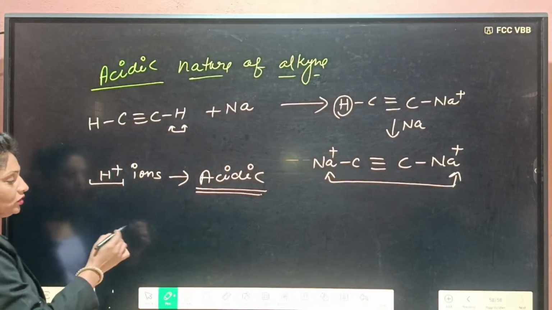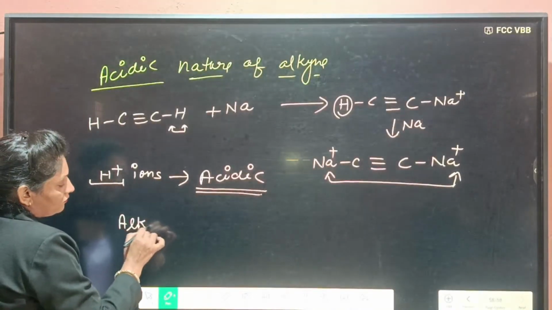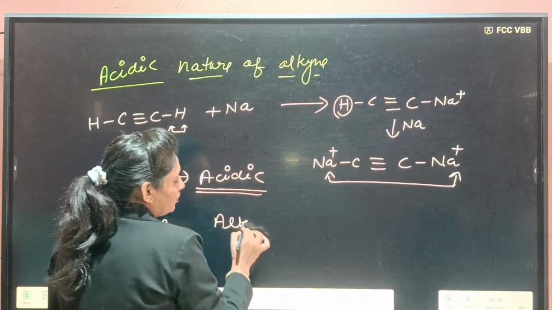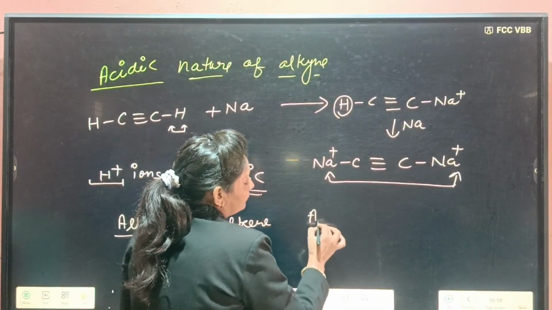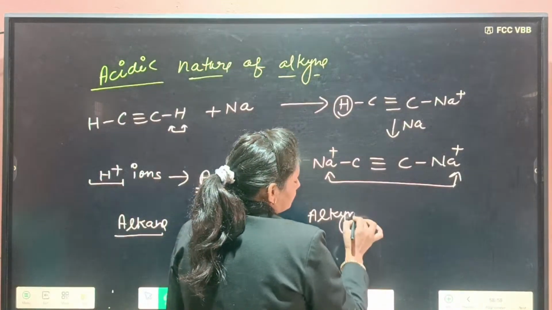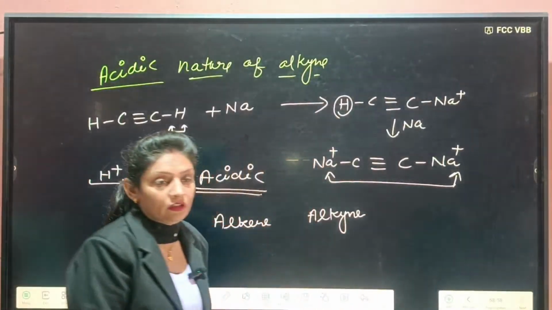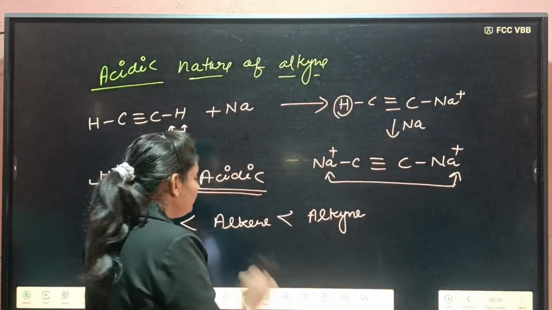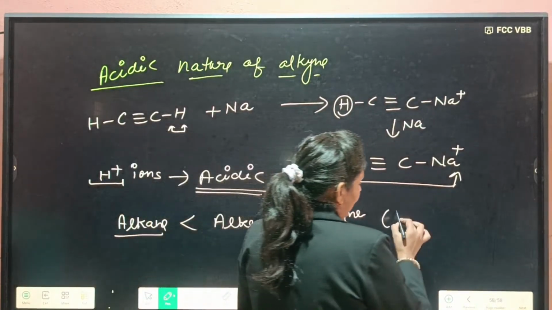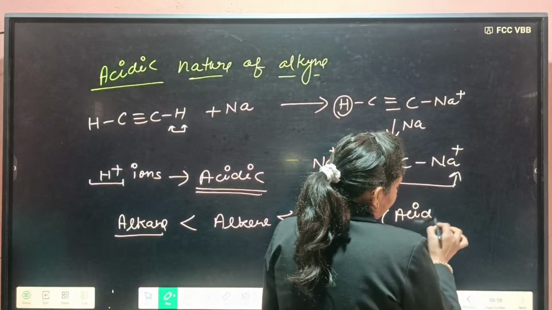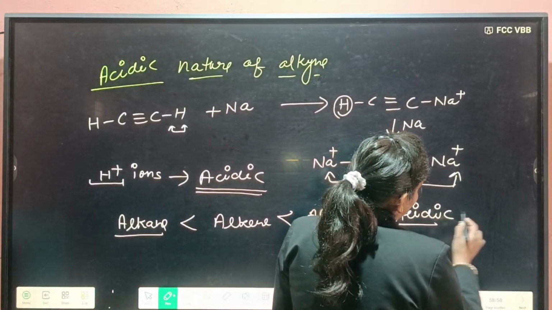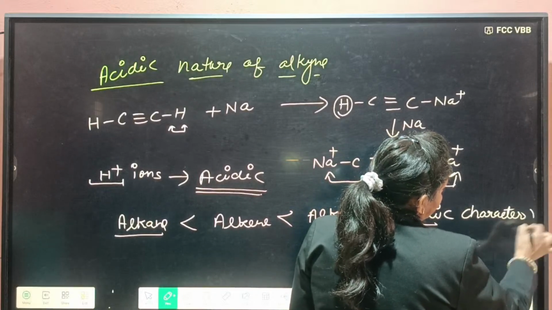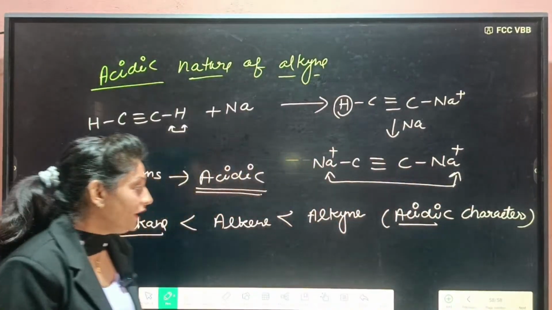If I talk about alkene and alkyne, then students, alkynes are more acidic as compared to alkenes, and alkenes are more acidic as compared to alkanes. Why is it?